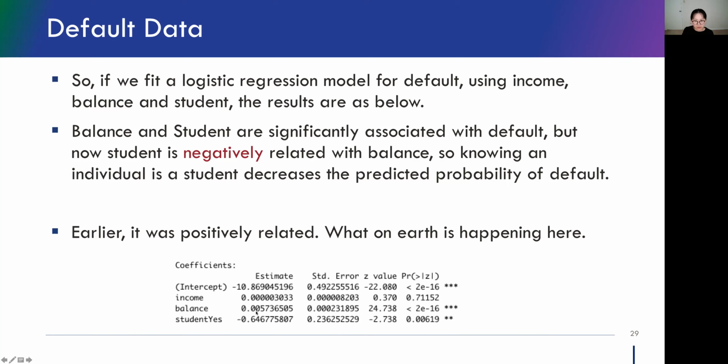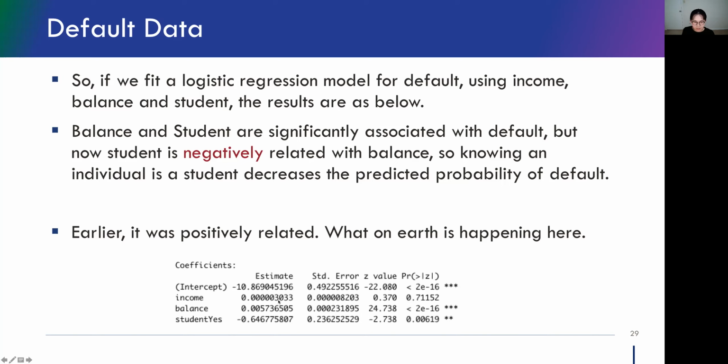From the estimates and the p-values, we can see that being a student or not is negatively related to default. So knowing an individual is a student decreases the predicted probability of default. But in the earlier slides, we said it was positively related. So what is going on? When we do this multiple regression, we get a different sign here.